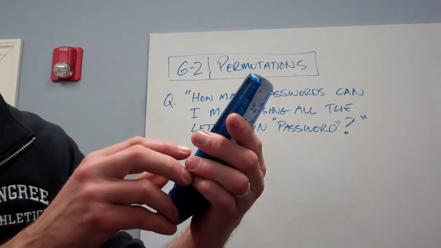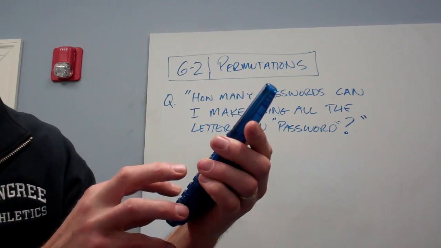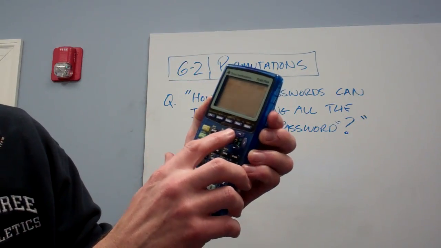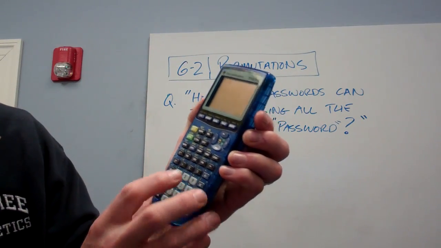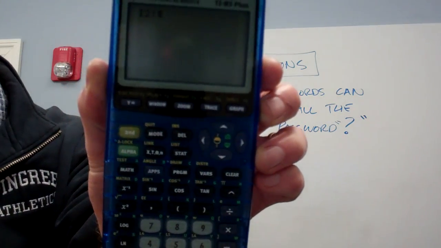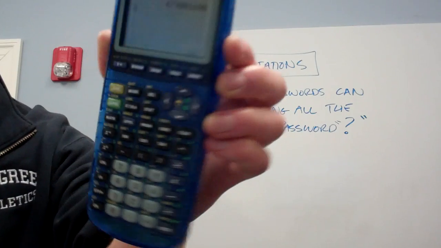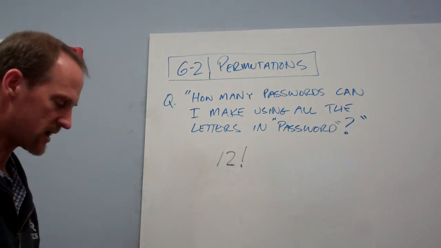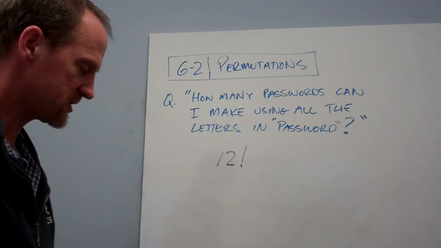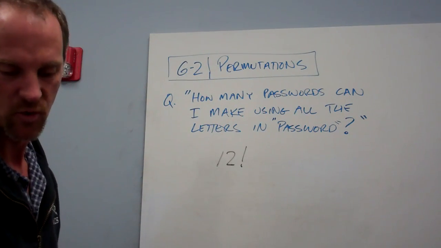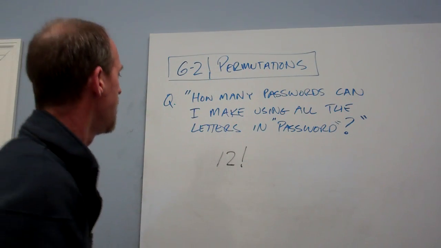Alright, so to use that then, I would type in 12 and then go math and then over to probability and hit 4, and there's the 12 with the factorial symbol. I just press enter and I will get the answer. Alright, so you can do a lot of these on the calculator. It turns out that is 479 million passwords, so it gets big quickly the more letters you add.